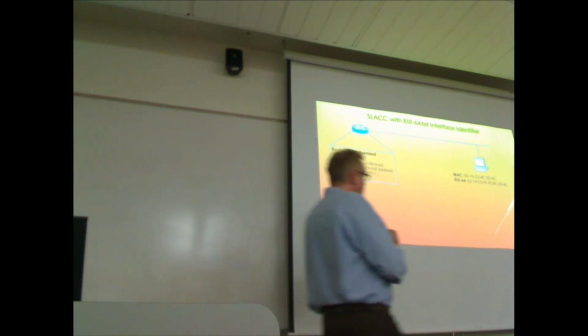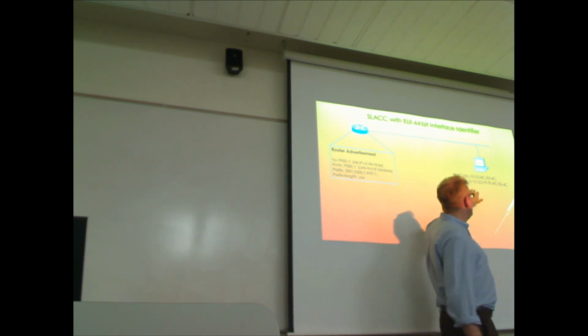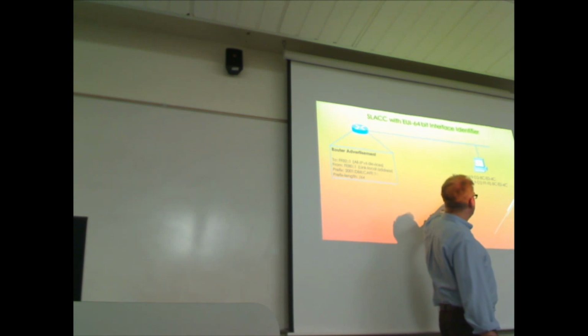In this case, what I've done here is take the default MAC address for the interface on that client, and then I've created the extended unique identifier. To do that, there are two things you have to do.